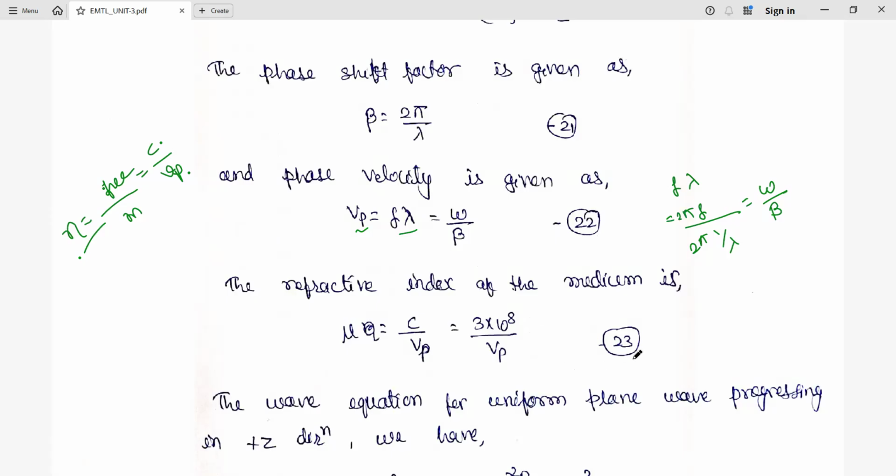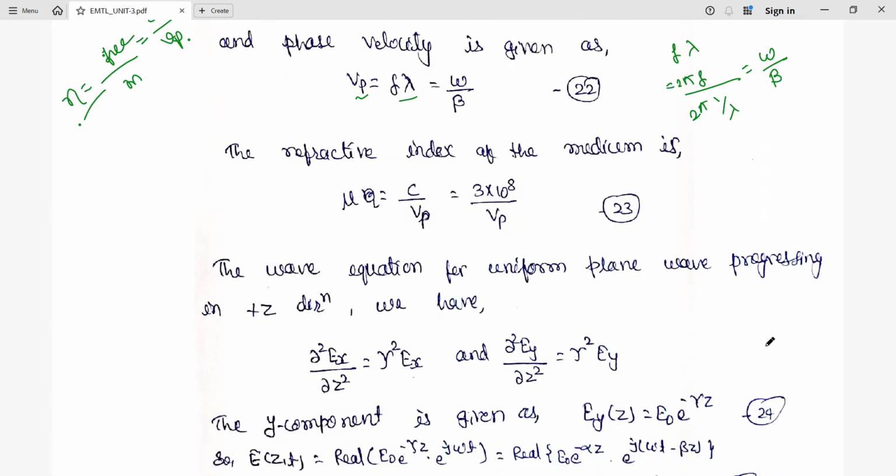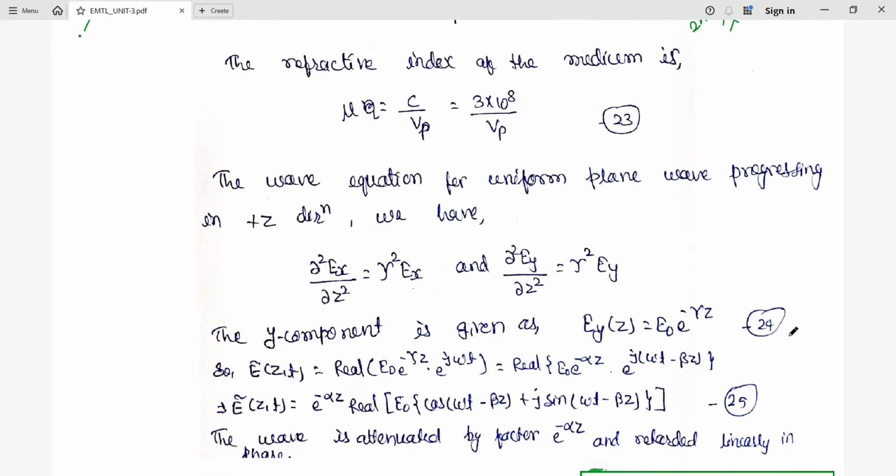So now this wave equation for uniform plane wave propagating in the z direction, we can write in this format. Again, we are going to compare similar components. So dou square Ex by dou z square equals gamma square Ex, and similarly for the Y component.